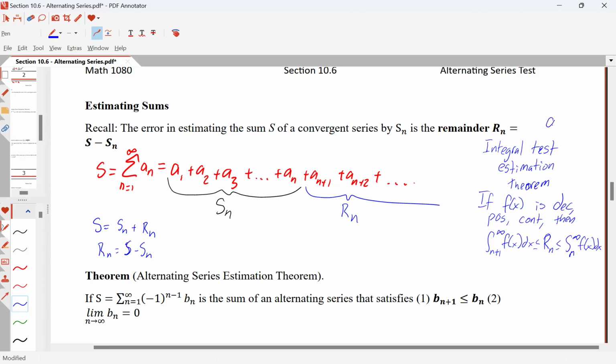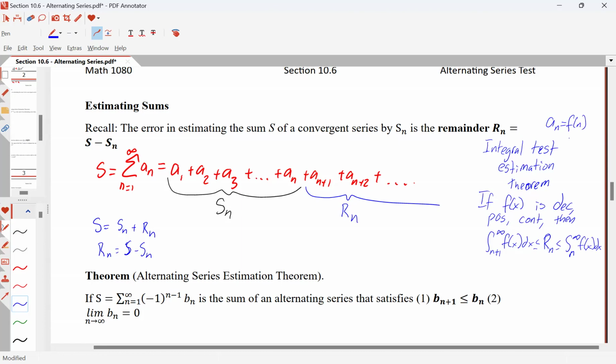And this was if a sub n equaled f of n for values of n. So we have the integral test estimation theorem that had these properties.